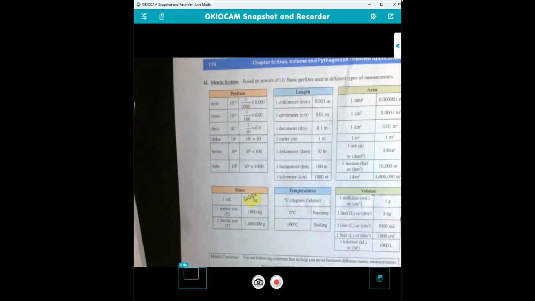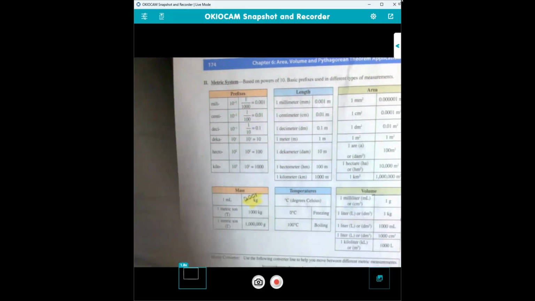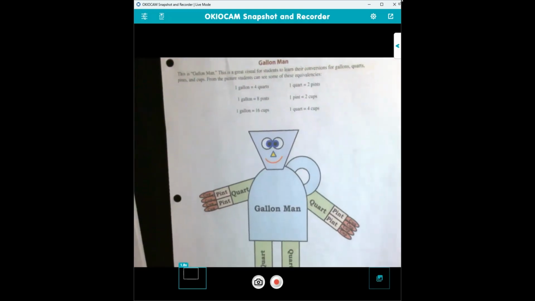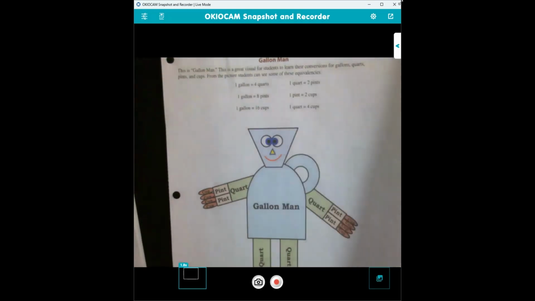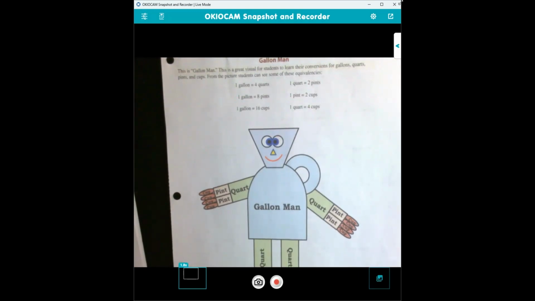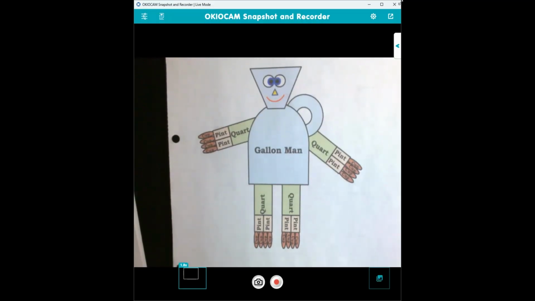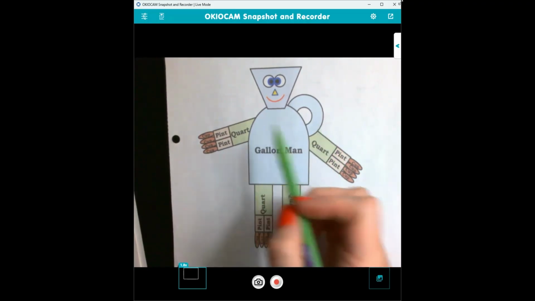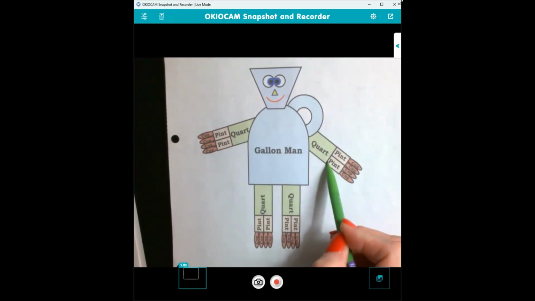And then the other one that you have is the gallon man. There are different versions of the gallon man. But basically, it tells the student the different ways in which you can form a gallon. The first one is that a gallon is 4 quarts. See?